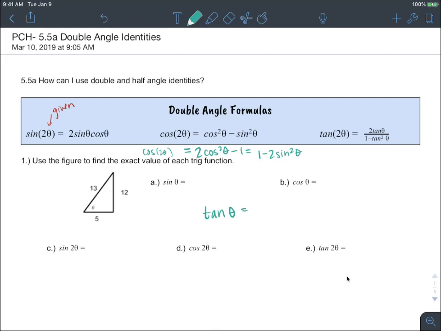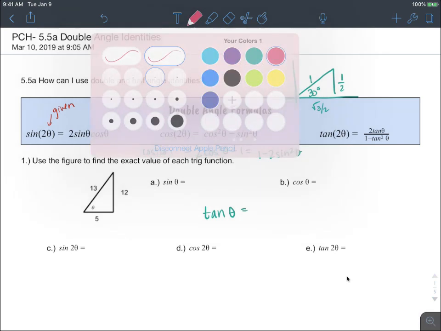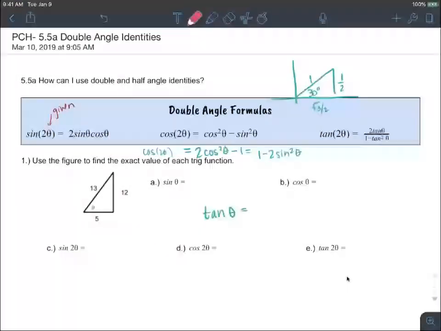Okay, so we're using double and half angle formulas. The idea is we're given an angle. So let's say I'm given the angle of 30 degrees. And because I know the original angle's ratios, like 1/2, root 3 over 2, and 1, I can use these ratios to figure out the double angle of 30.